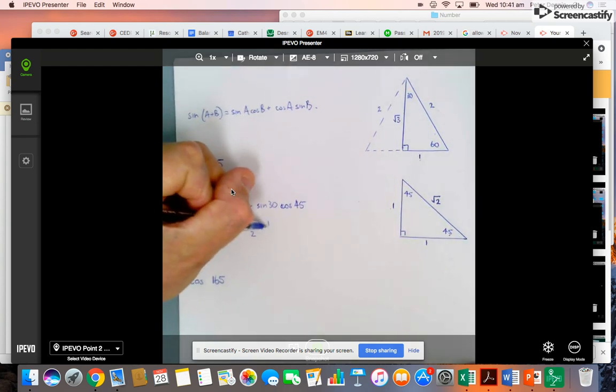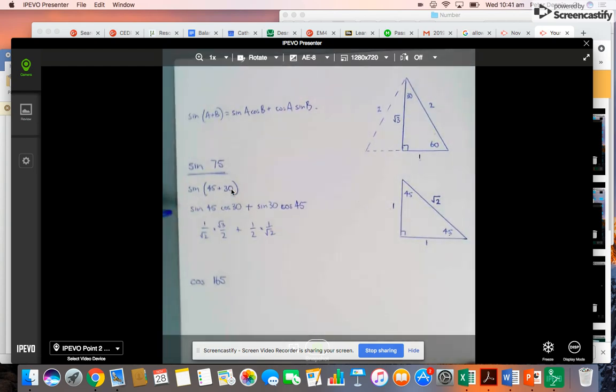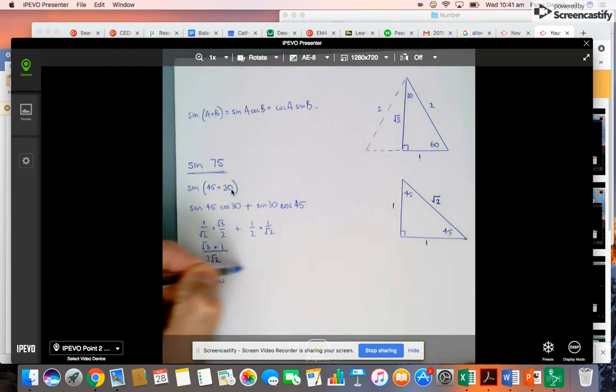So times 1 over root 2. And then we can simplify that. The bottom term is going to be 2 times root 2. And here we've got 1 times root 3, which is just root 3. And here we've got 1 times 1, which is 1. So root 3 plus 1 over 2 root 2. And that would be the exact value of sine 75.